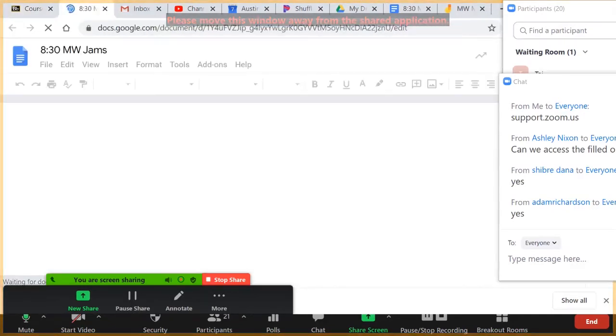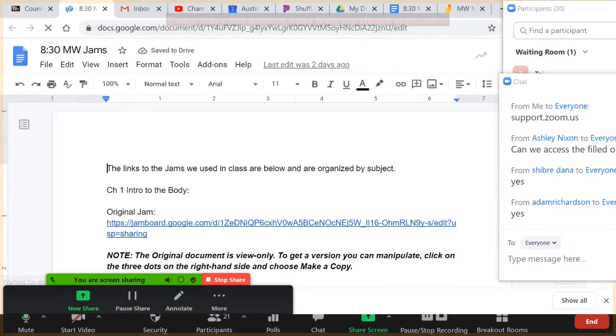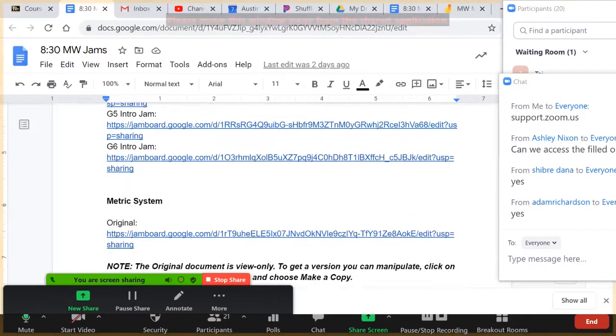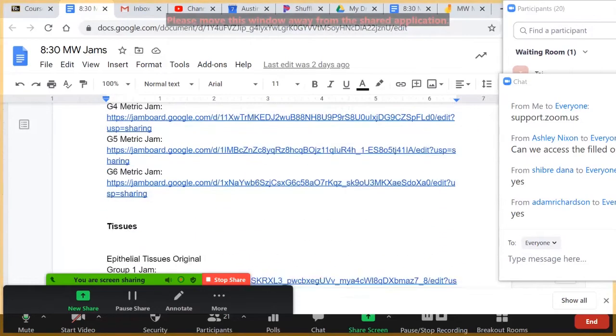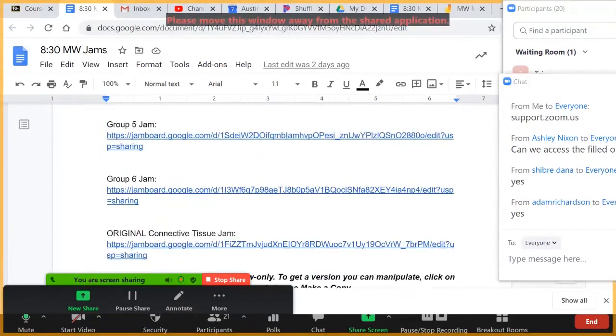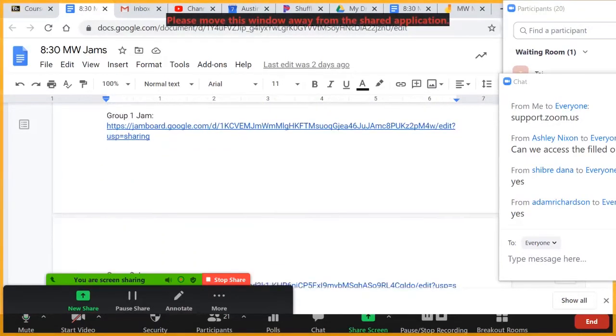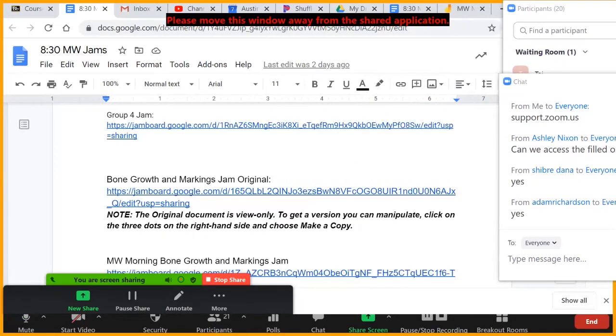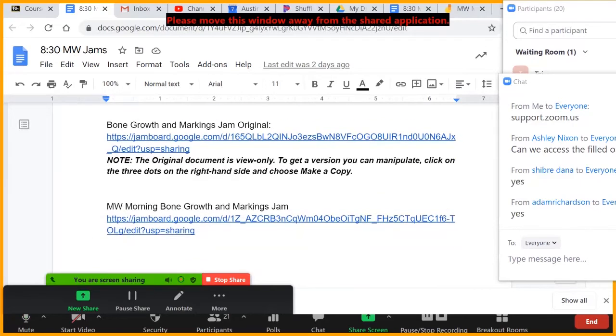The nice thing about that is that I can just continue to add links for these things to it. From the very beginning of the semester to now, anytime we do a jam, I put it on here. So this one will be towards the bottom. I think I already put it on here. Yeah, here we go, bone growth and markings. So there's the original one.